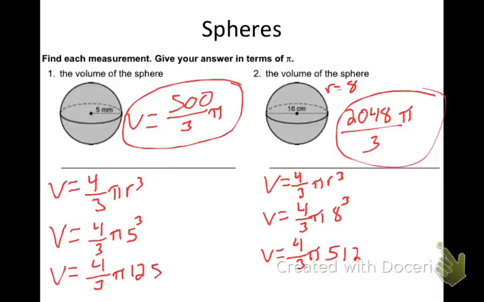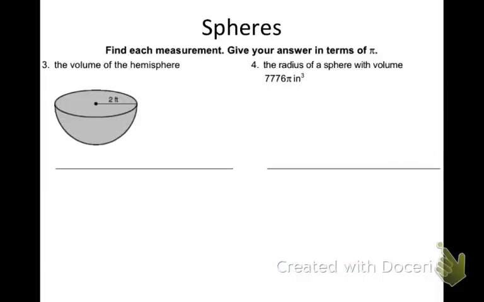Let's try the next couple now. So then we have to find the volume. Number 3 says find the volume of the hemisphere. Now hemisphere is what in relationship to a sphere? Half. So I would find the actual volume and then cut it in half.